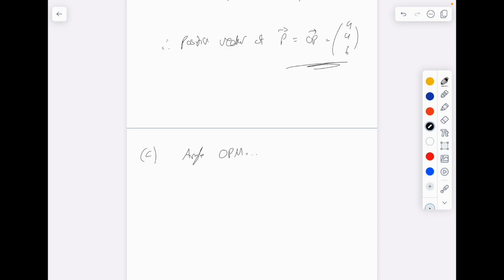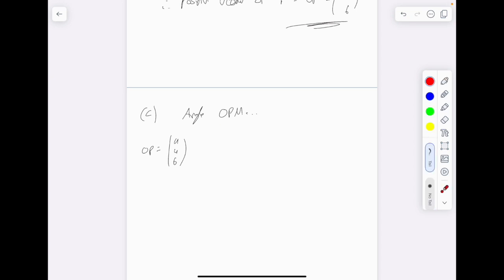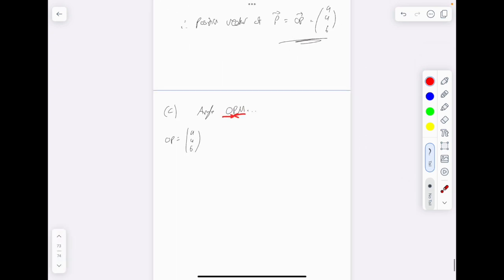We know OP is equal to 4, 4, 6. But what does MP equal?